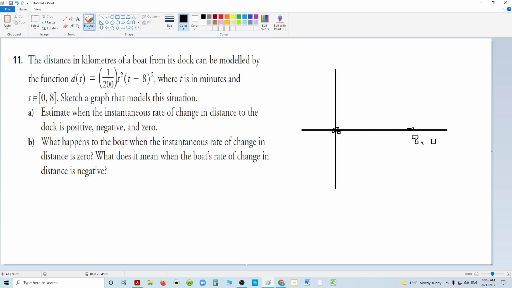It also, the t squared and the t minus 8 squared tells me that the graph is going to bounce and touch and then come up, and then bounce and touch and then come up, because that's what the squared does. Sorry, that drawing here isn't very good. I'll just do it again. There.